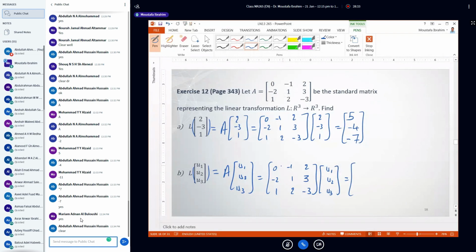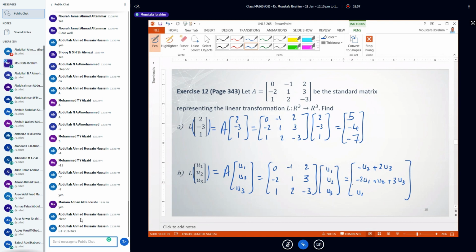Multiply, so it will be 0u1 minus u2 plus 2u3. Second one is 2u1 plus u2 plus 3u3, isn't it? And last one, we multiply this row by this column: 1 multiply u1, so it's u1, plus 2 multiply u2, very good, minus 3 multiply u3, very good.